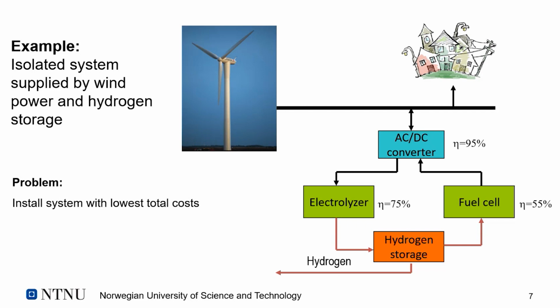We have a demand that is going to be supplied by one wind turbine and supplemented by an energy storage, in this case hydrogen storage, and the capacity expansion model that we now will look at is just going to find the system components that minimize the total cost.